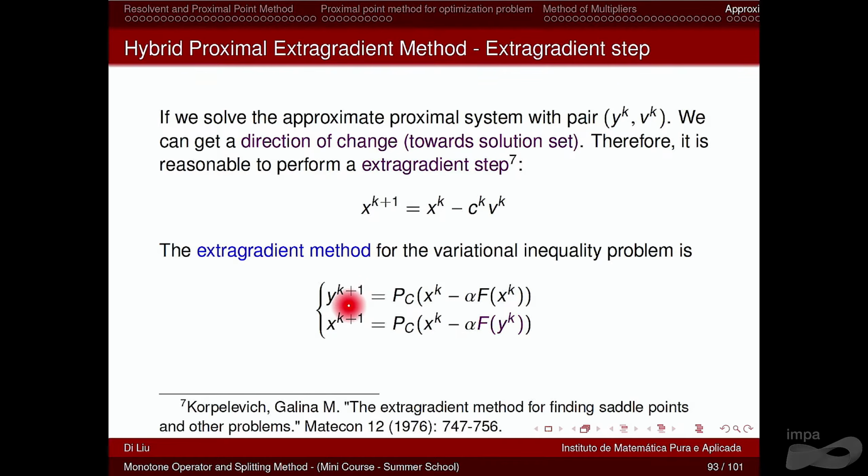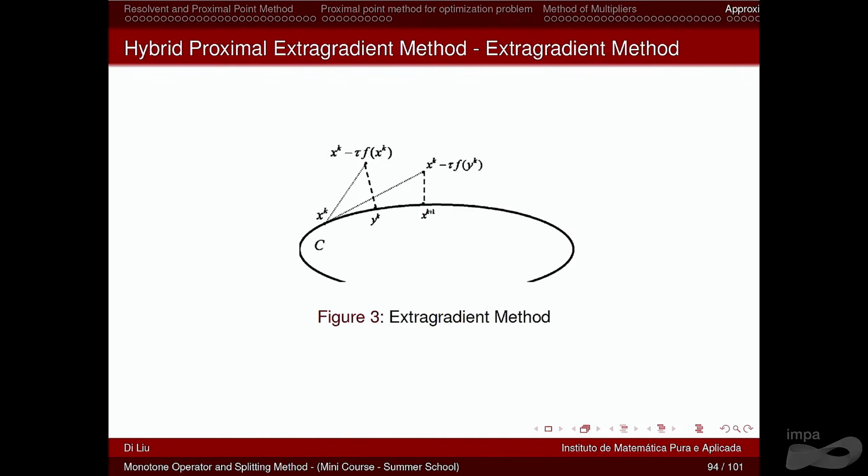Sorry, there is a typo here. It should not be yk plus 1, it should be yk. In the first step, we generated a good direction yk. And then in the second step, we use this good direction, which heads towards the solution set. The projection here just guarantees the feasibility. So this is the extra gradient.